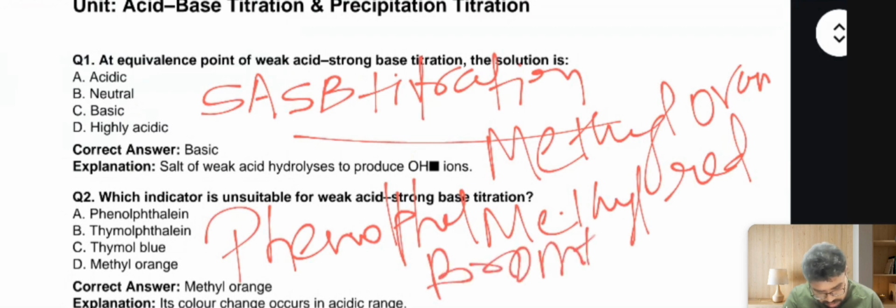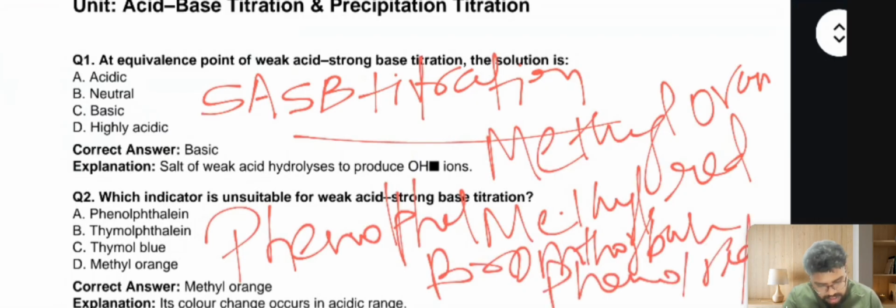Bromothymol blue. Phenol red. These are the indicators which we use in a strong acid strong base titration.